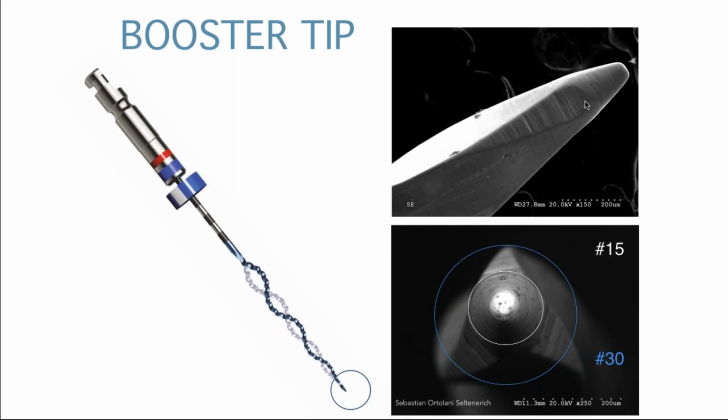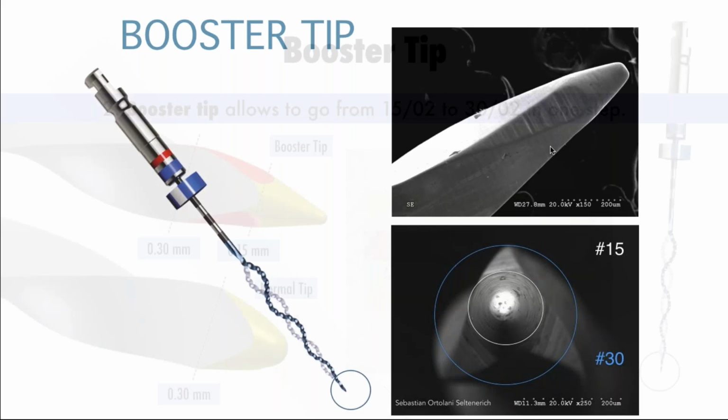Within a quarter of a millimeter, it starts to cut at a specific angle, going from 0.15, that's the 15, and within 0.3 millimeters, it's got a 6 cutting edge, and it will be at a 30. So it's a quarter of a millimeter and approximately another quarter of a millimeter. So within half a millimeter, it's gone from a 15 to a 30. So this is going to allow you to go very, very quickly.